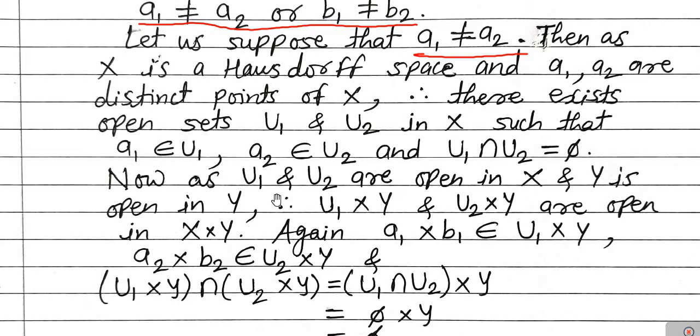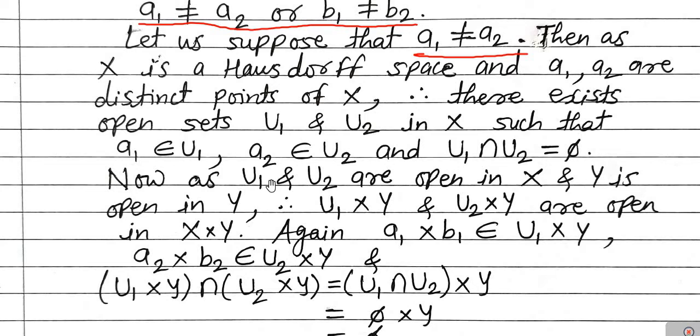Therefore Y is open in Y. As U1 is open in X and Y is open in Y, therefore U1 cross Y is open in X cross Y. This is well known from the product topology we studied earlier: if U1 is open in X and V1 is open in Y, then U1 cross V1 is open in X cross Y. Here instead of V1 we are considering Y, and Y is open in Y. We have used this many times.